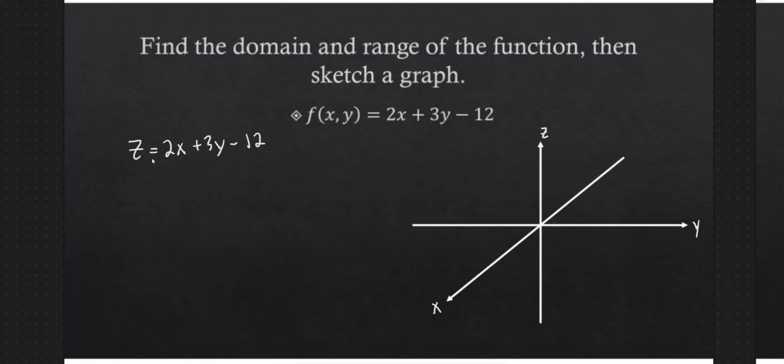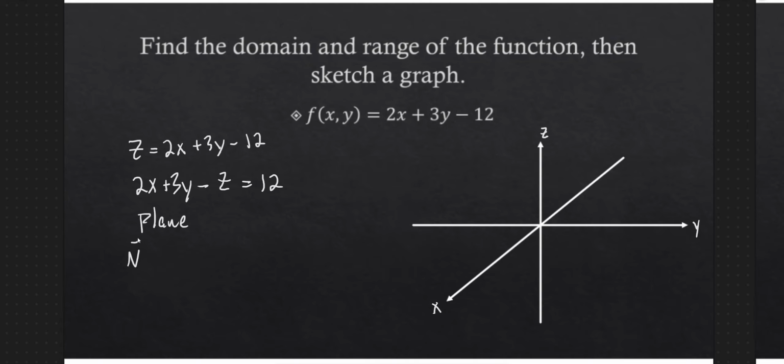And so that's my next move here, is I'm going to move all these variables. I have a couple choices here. I'm going to subtract my z over and add the 12. So I'm going to get 2x plus 3y minus z equal to 12. And this is now in the standard form of a plane. So I can recognize this is a plane.